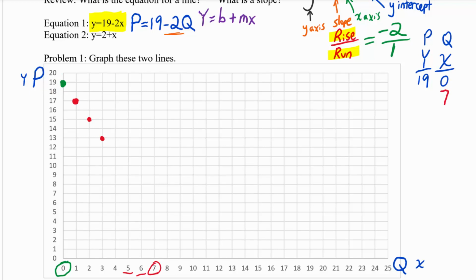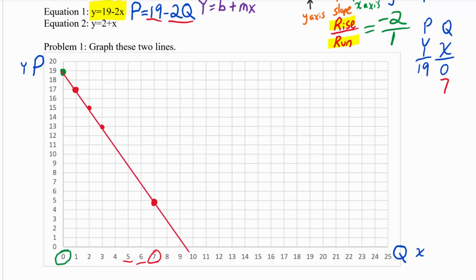Plug that into our equation here. 19 minus 2 times 7. 19 minus 14 is 5. So when the quantity is 7, the price must be $5. Now, take your ruler or something that's straight, the side of a calculator or a phone, and see what this line looks like. All right, there we go.